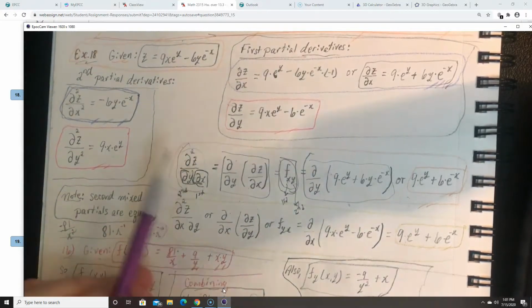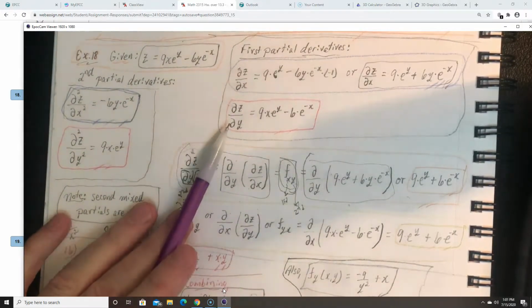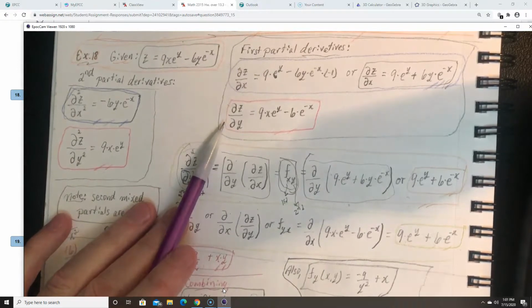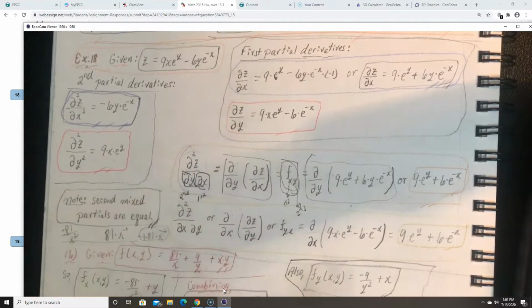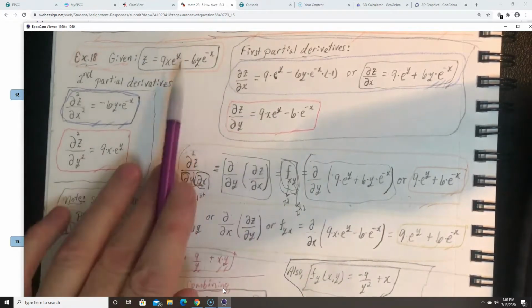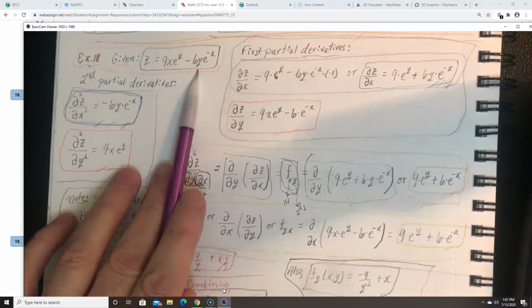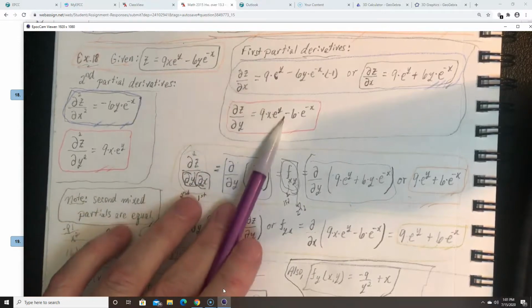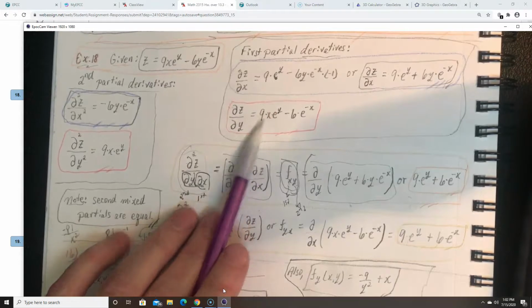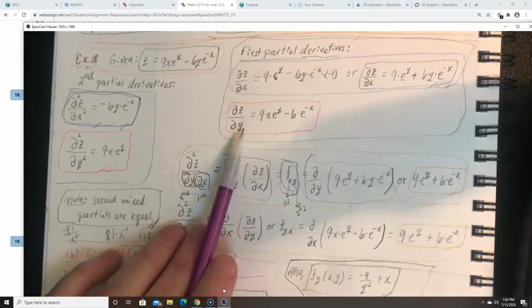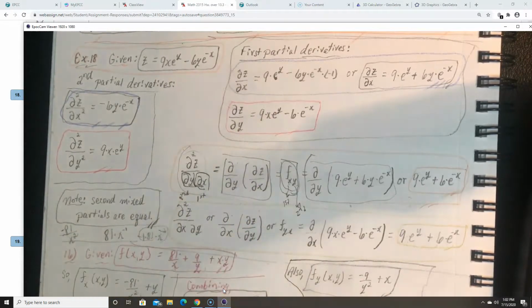Let's also now do another second partial derivative. This was the first partial derivative of z with respect to y. So we took this and differentiated with respect to y, and we got this. Now we're going to take this and differentiate it with respect to the other variable that we didn't do yet, which is x. How do you write that? Several ways.